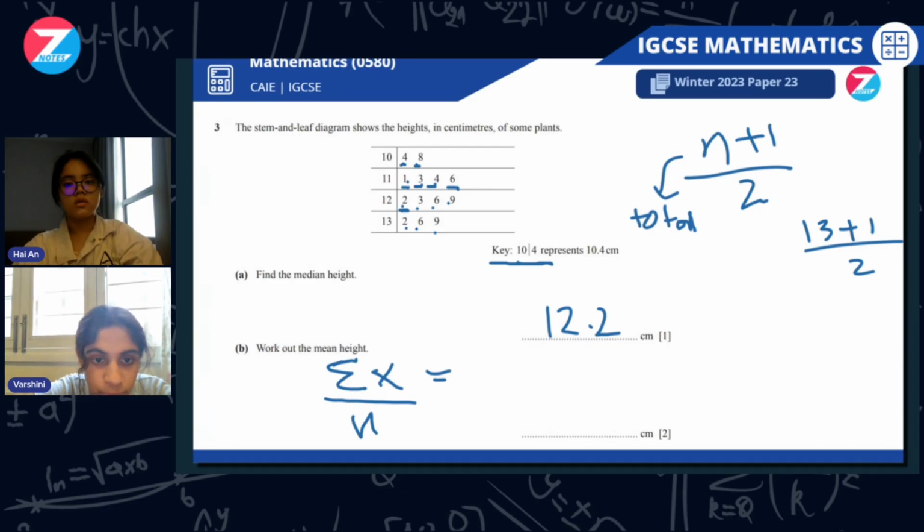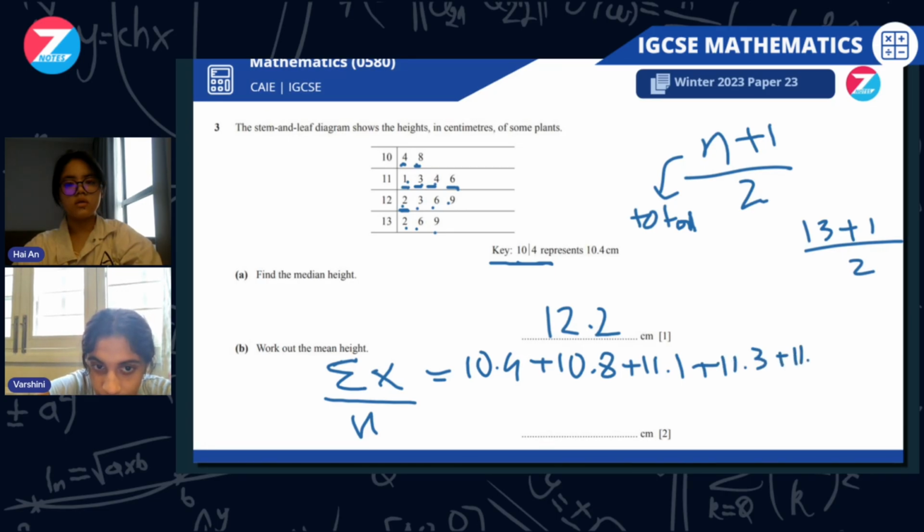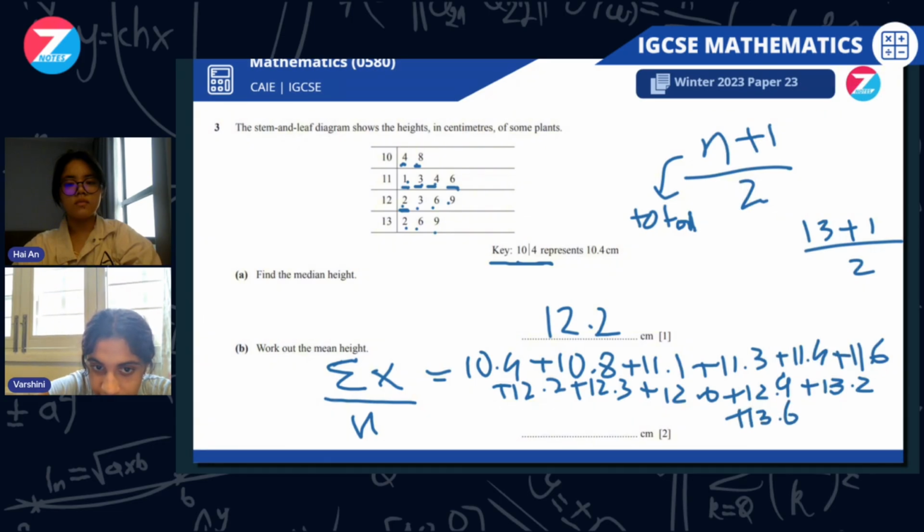So that's going to be 10.4 plus 10.8 plus 11.1 plus 11.3 plus 11.4 plus 11.6 plus 12.2 plus 12.3 plus 12.6 plus 12.9 plus 13.2 plus 13.6 plus 13.9.